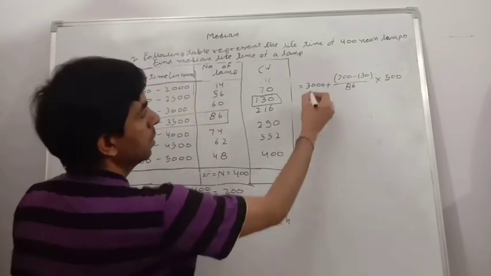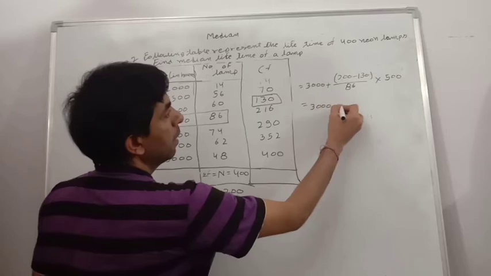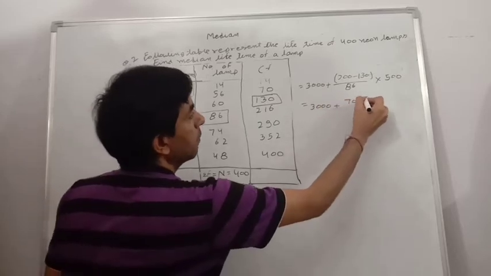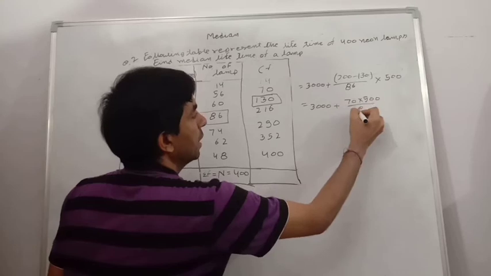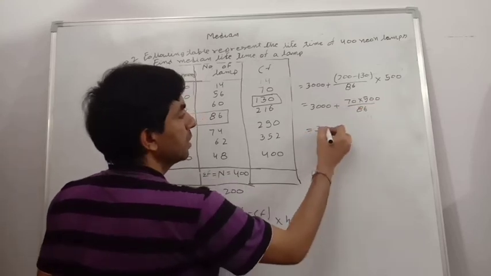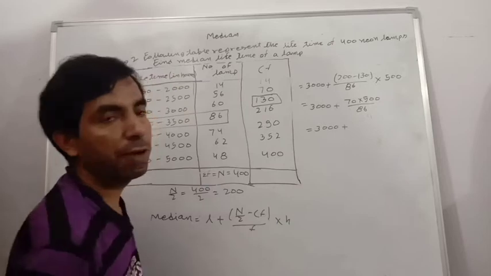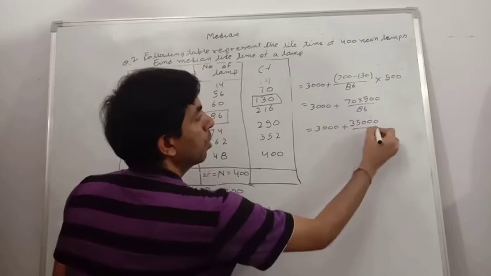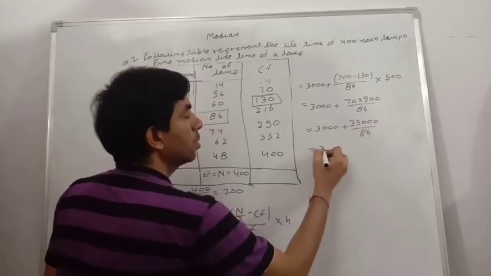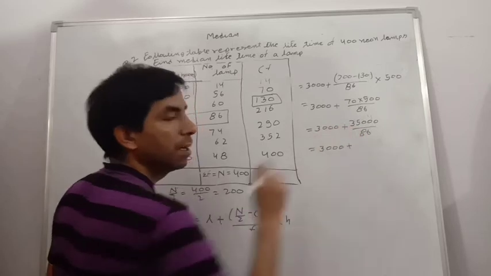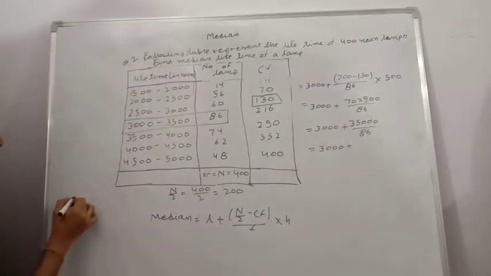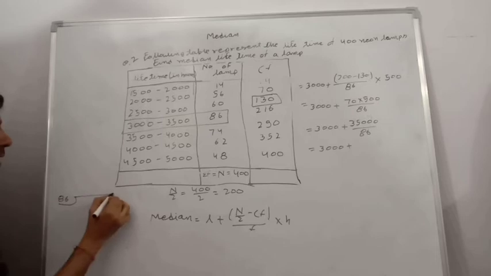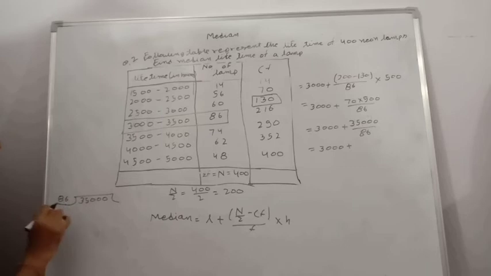Next solve. 3000 as it is plus 70 multiply 500 upon 86. 3000 as it is plus 7 times 5 is 35,000 upon 86. For solving it, first we divide 35,000 by 86. Here it is divided by 4.